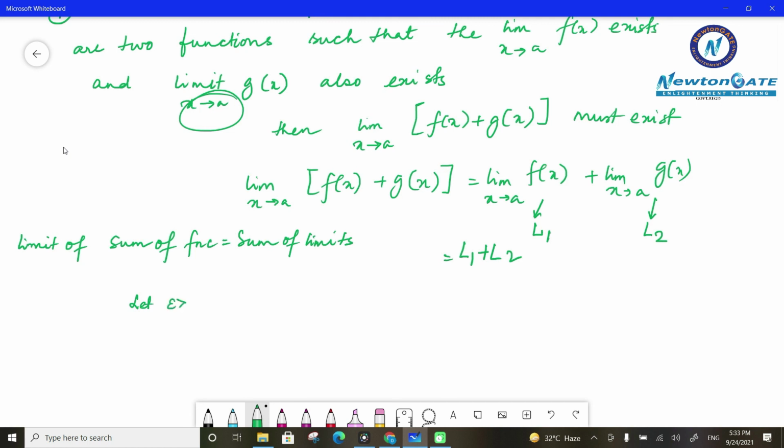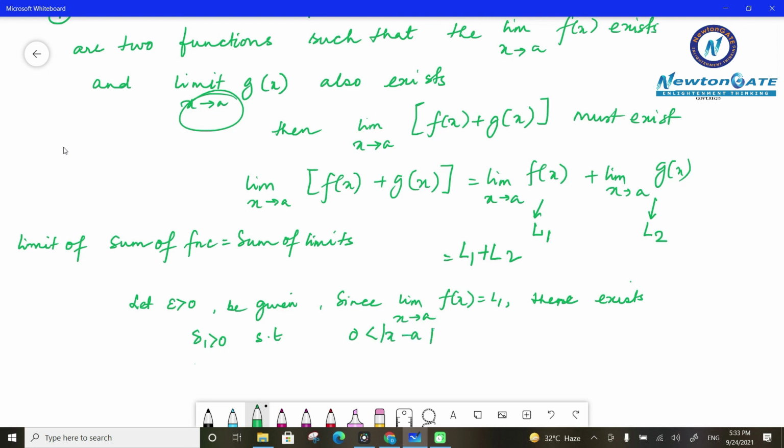Let epsilon be greater than 0 be given. Since the limit as x tends to a of f(x) equals L1, there exists delta 1 greater than 0 such that 0 < |x minus a| < delta 1 implies |f(x) minus L1| is less than epsilon by 2.